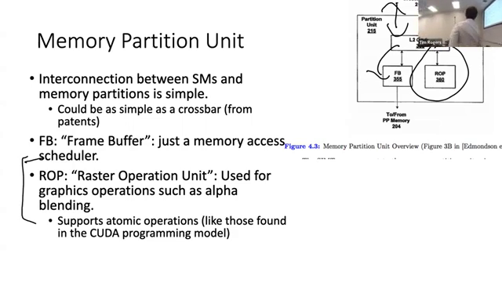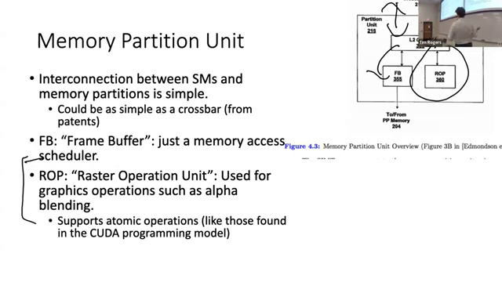Because graphics rendering is so predictable in what it does, you can make sure that the stuff that ends up in the same place ends up in the same partition, and then you can blend together all of the alphas. So this will basically be doing some very simple math up here in the L2 cache to do this rasterization step. Questions on that?